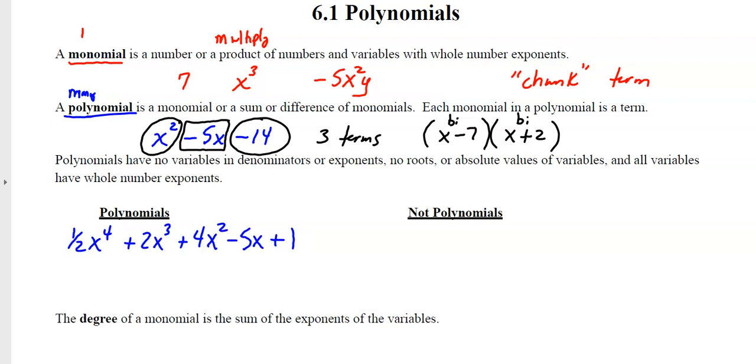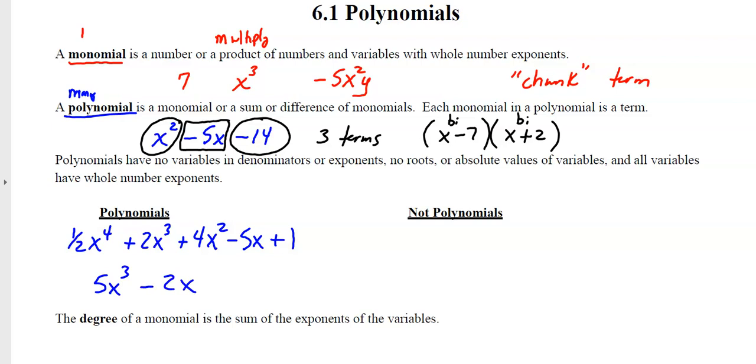So notice I started at the power of 4 and I worked my way down 4, 3, 2, 1, 0, all the way down. So that would be what's called standard form. I'll talk about that here in a minute. But you don't have to be. You could just be 5x to the third, take away 2x. That's a polynomial with 2 terms.